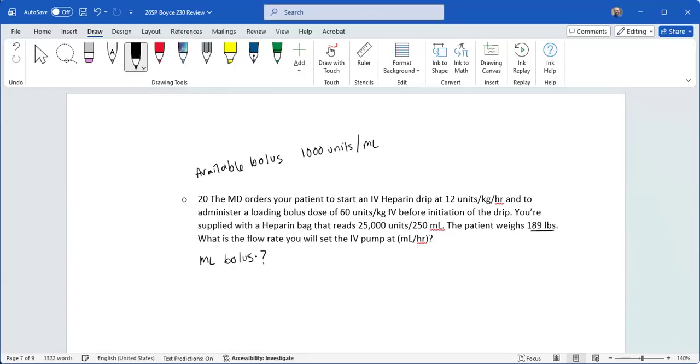Your patient weighs 189 pounds, and we want to know what the bolus dose will be. And then if you calculate the infusion rate, you can type that in as well.